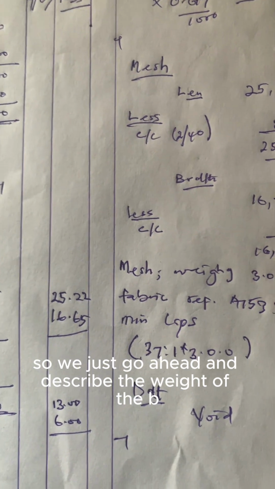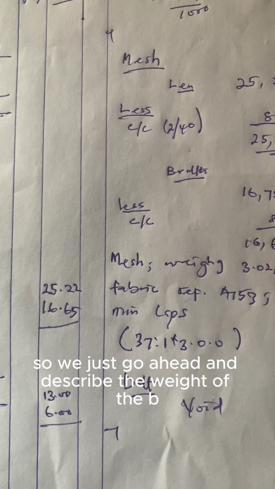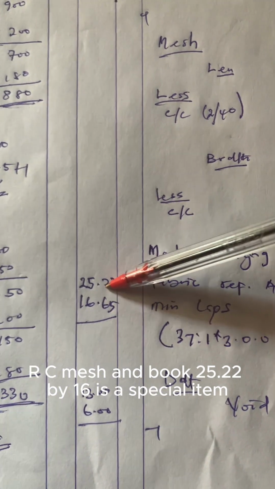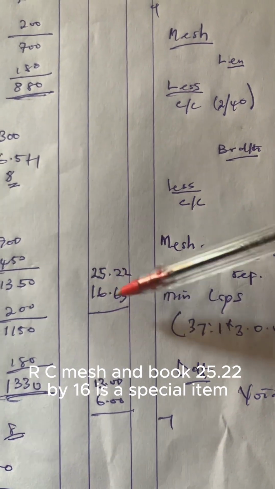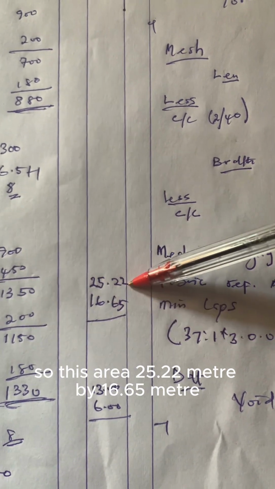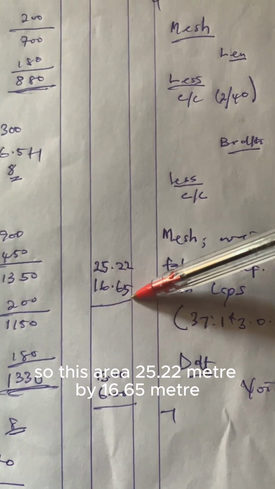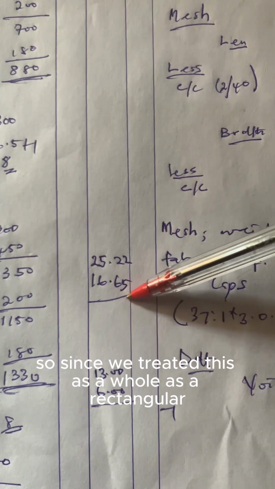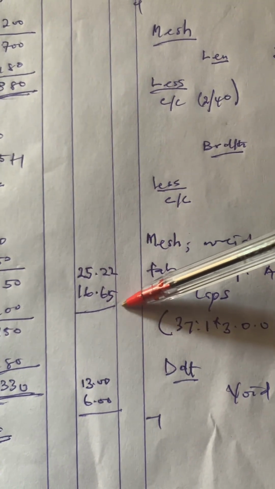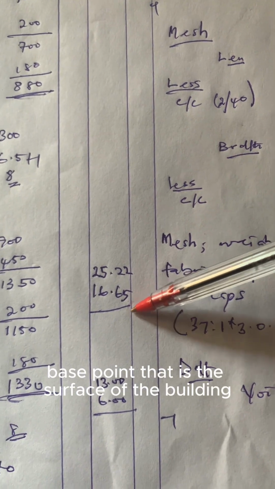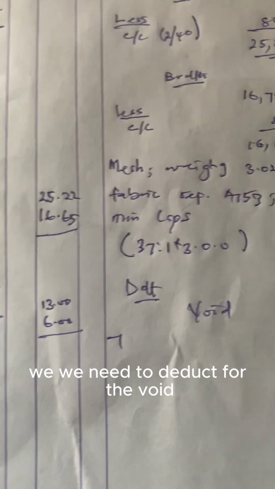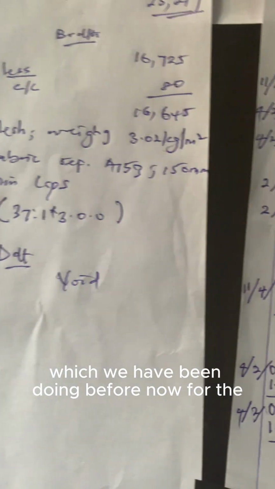So we just go ahead and describe the weight of the BRC mesh, and we book 25.22 by 16. It is a superficial item, so its area is 25.22 meter by 16.65 meter. Since we treated this as a whole, as a rectangular base, that is the surface of the building, we need to deduct for the void, which we have been doing before now.